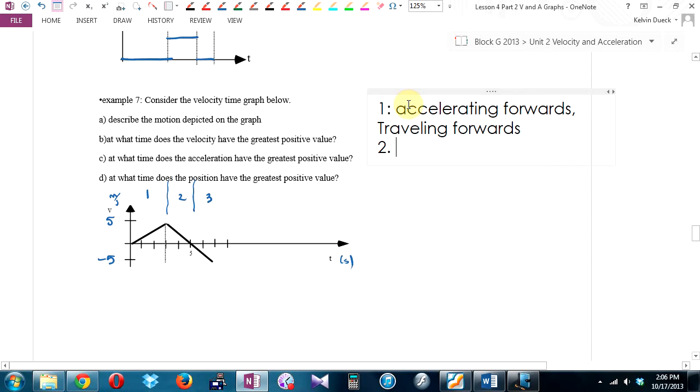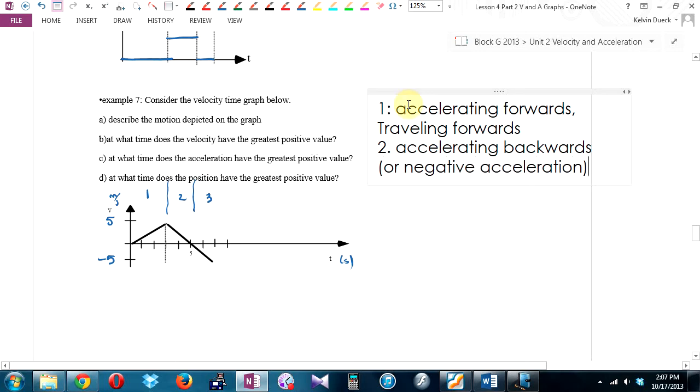What can you tell me about section 2? Slowing down? You know what? Let's call it accelerating backwards or negative acceleration. Traveling which way? Forwards.